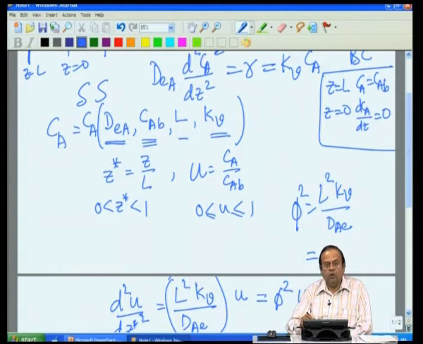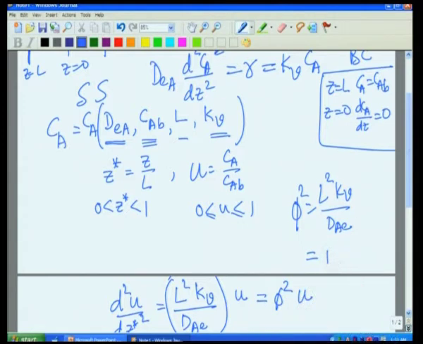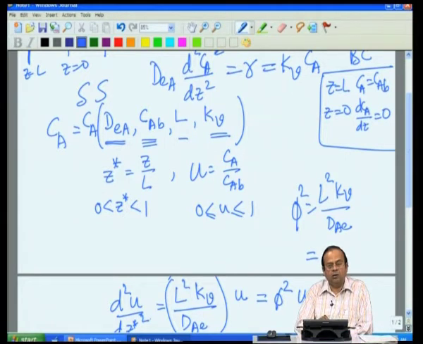If phi square is 1, irrespective of what combination of L, kV and dAe gave me this value, my solution in terms of dimensionless quantities will be identical. So, various different values of L, kV and dAe, all of which result in phi square being equal to 1, have the same solution in terms of dimensionless quantity.